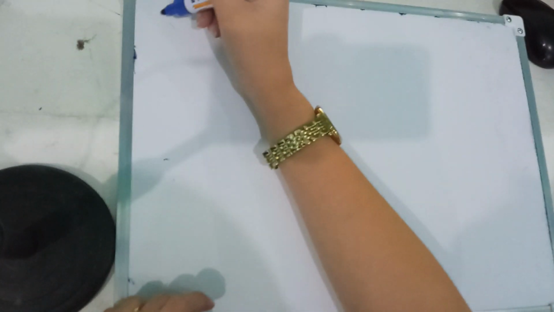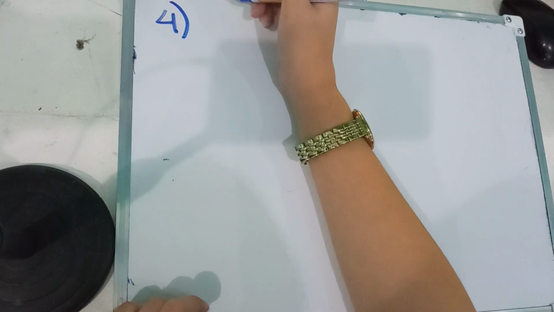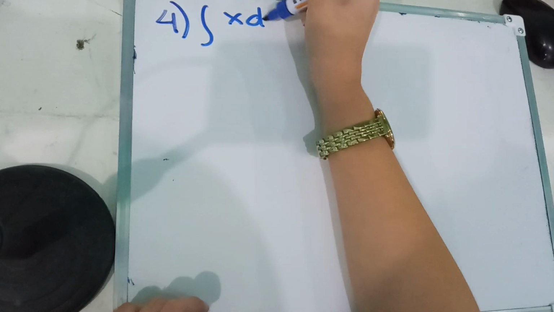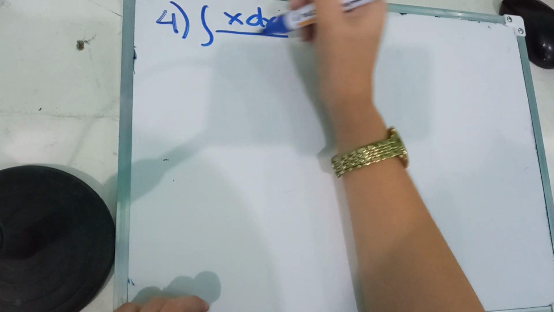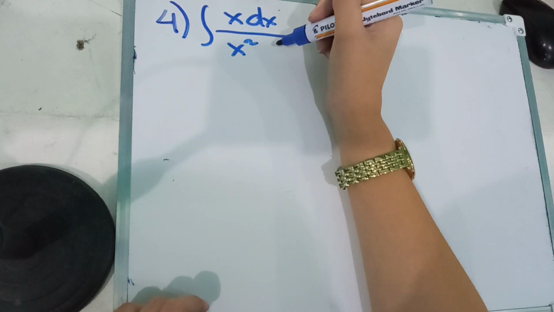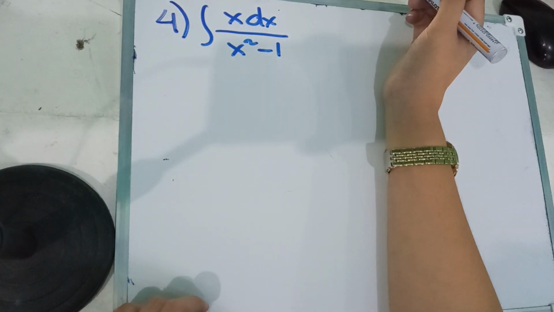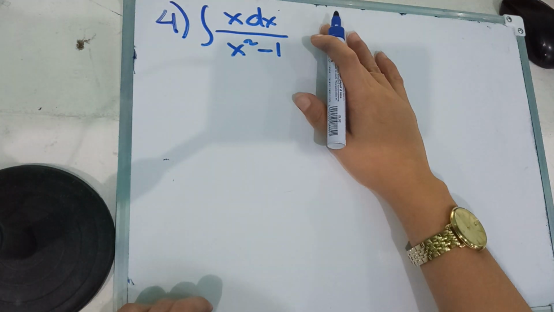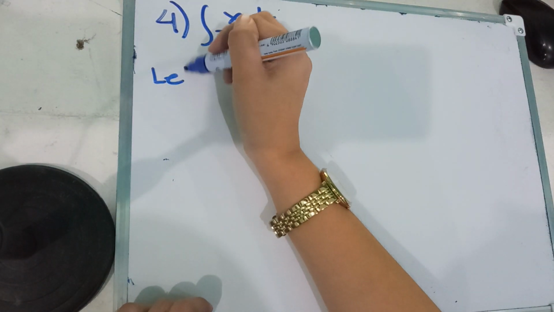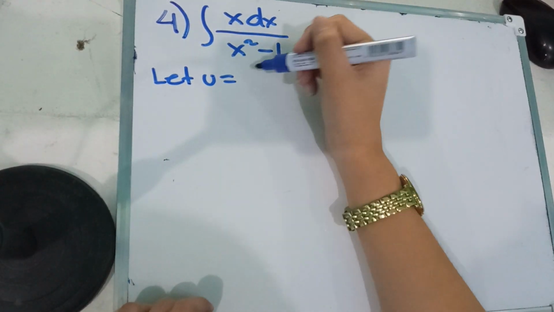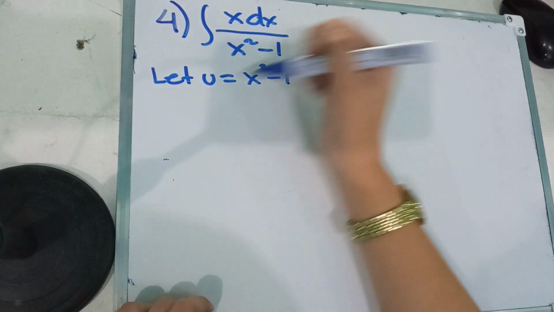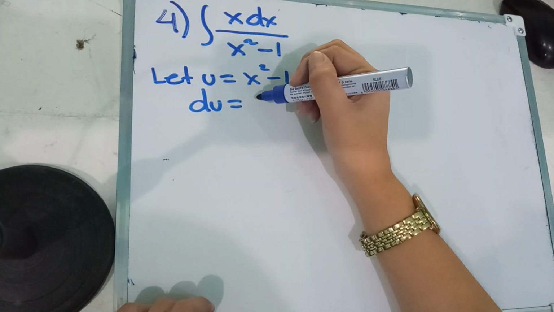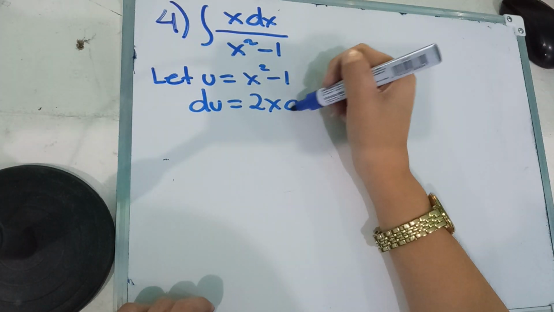Let's have example number 4. That's the integral of x dx over x squared minus 1. Now, same with example number 3, we can apply U substitution. So, let u be x squared minus 1, du is 2x dx, right?